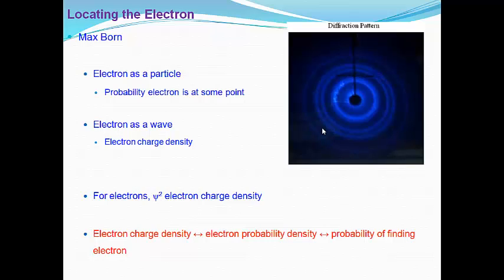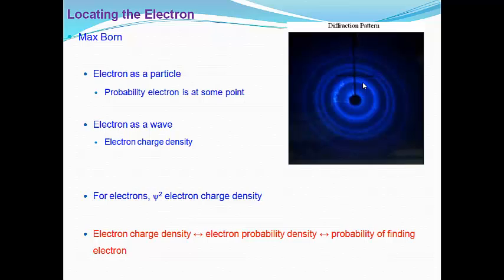And so if we think of a bunch of electrons as a region of electron charge density, then where we have very bright bands, that is indicative of regions of high electron charge density, or high probability of interaction.